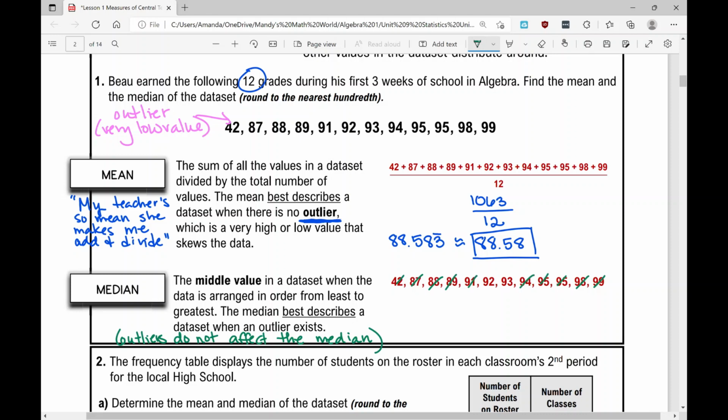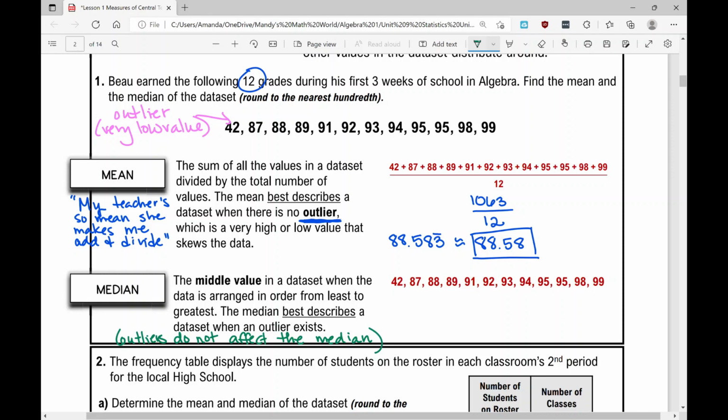And in this case, because there's 12 students and that's an even number, I'm going to have two values in the middle. When I have two values in the middle, I take the mean or the average of those values. Now, when you get into more upper level math like Algebra 1, which is what this lesson is for, but you may be in 8th grade or higher looking at this.